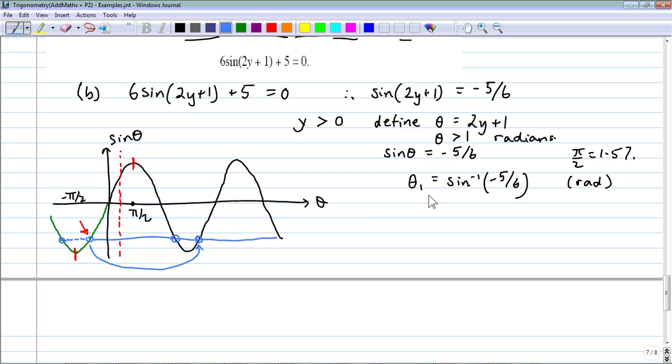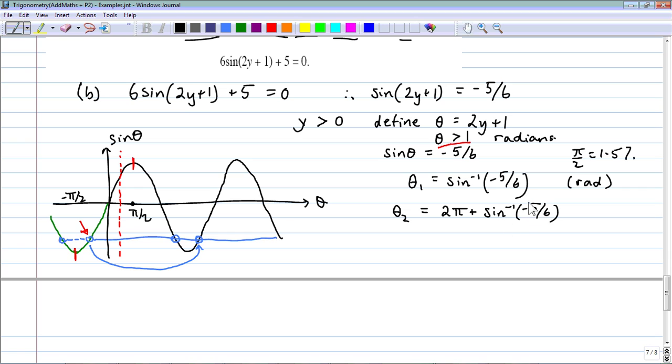So theta 1 is not actually a solution because it doesn't correspond to theta bigger than 1. Remember, our restriction was that theta should be bigger than 1. So forget about theta 1. Theta 2 is our first solution, and it's 2 pi plus inverse sine of minus 5 over 6.